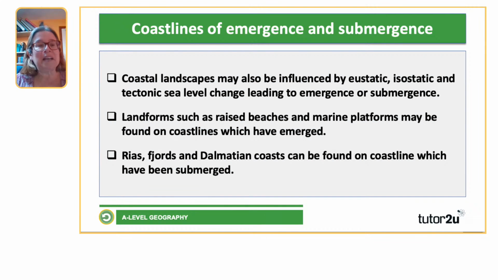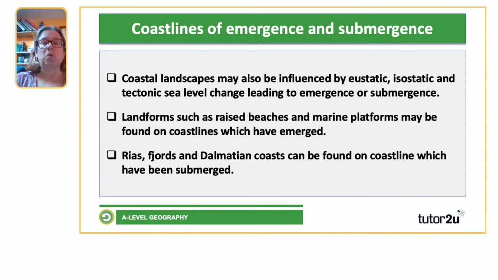Now, to throw in a little bit of spice, when we're talking about coastal landforms at A level, we also look at coastlines of emergence and submergence. So this isn't something you do at GCSE. This is something where we're thinking about change over geological time.